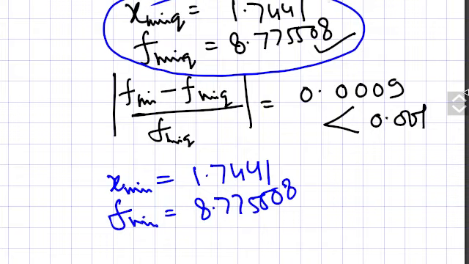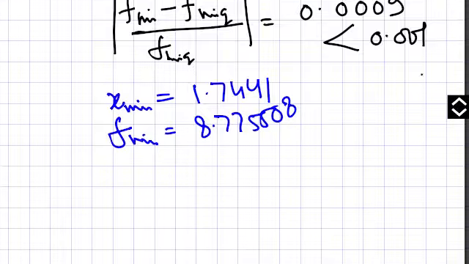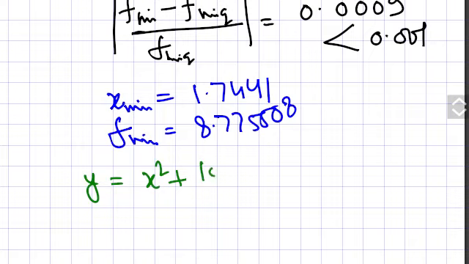Now you can see that you can do this question, I mean to say, if you apply here the analytical method to solve this question, let's see what value we are getting for the minimum. So it is purely mathematical, not iteration or computer based. So this is your function.